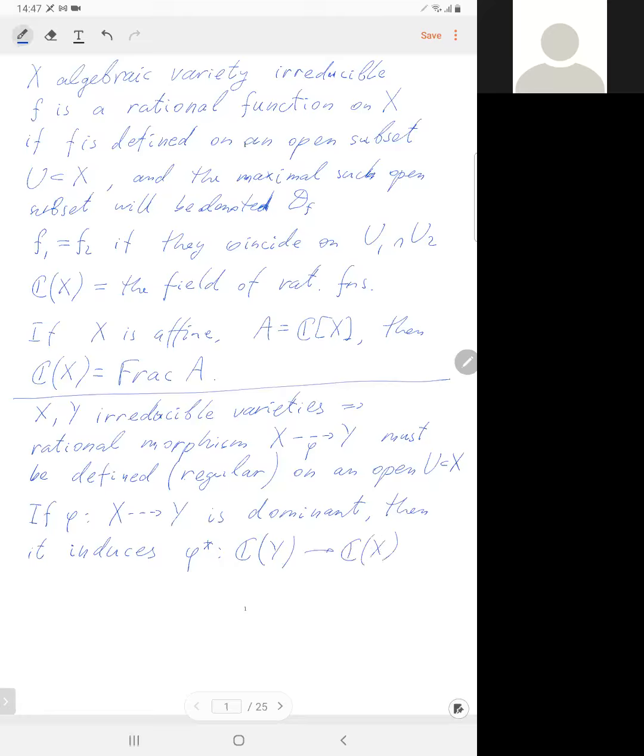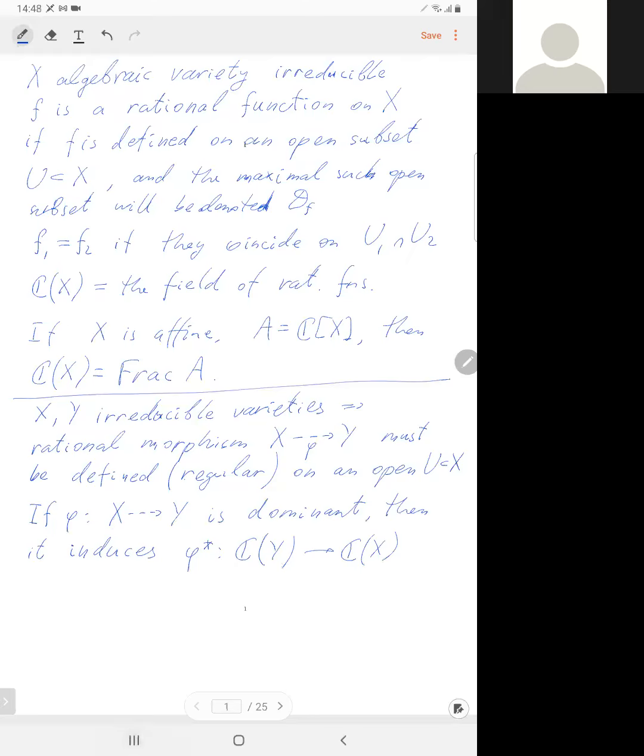And this is well defined. In fact, if this morphism is not dominant, it also induces some pullback on functions, but it's just identically 0. So it's not very interesting.